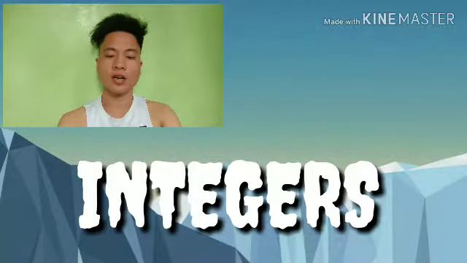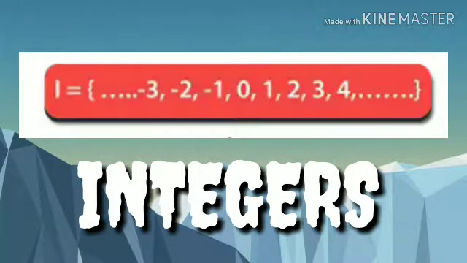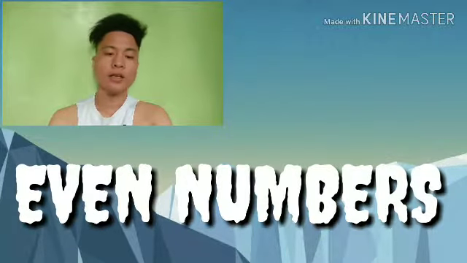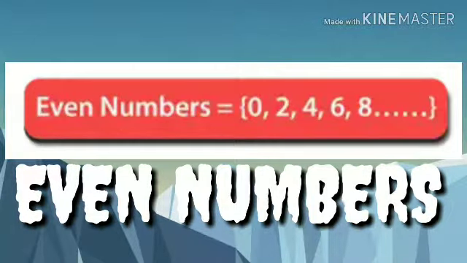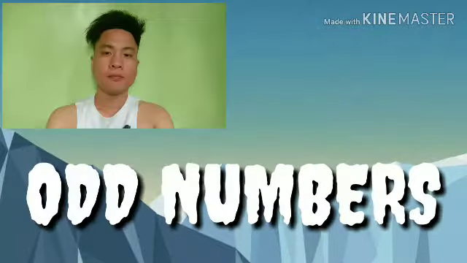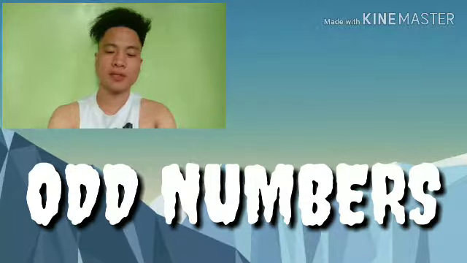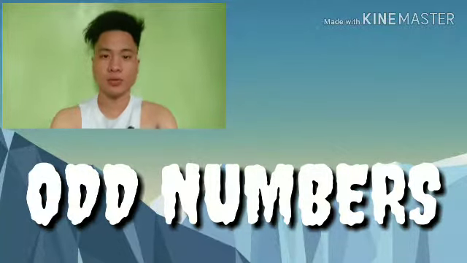Integers is the set of whole numbers along with negative numbers. 4. Even numbers. Set of numbers exactly divisible by 2. 5. Odd numbers. Set of numbers not exactly divisible by 2.